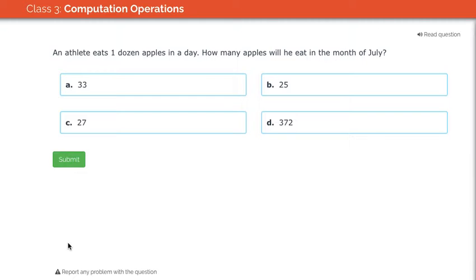Let's add these. So the answer will be, actually, instead of 32 I meant 31.